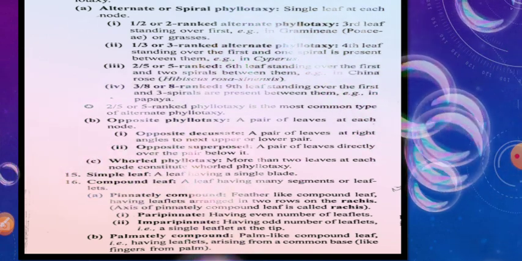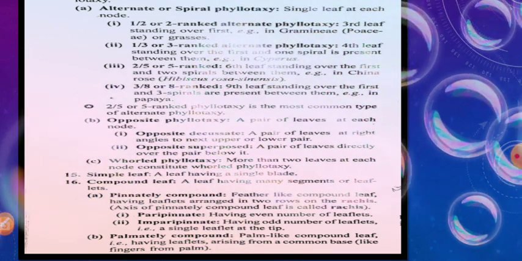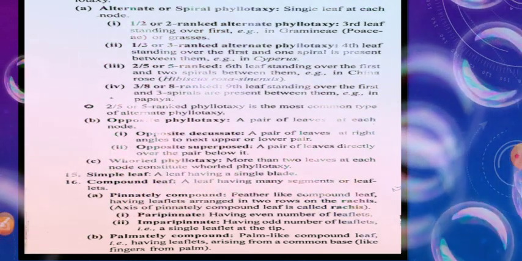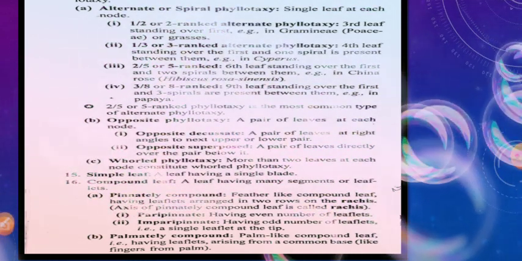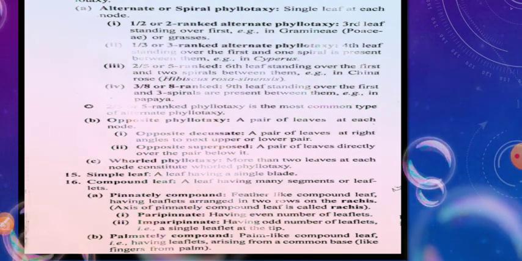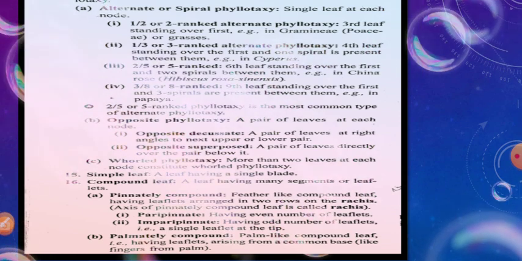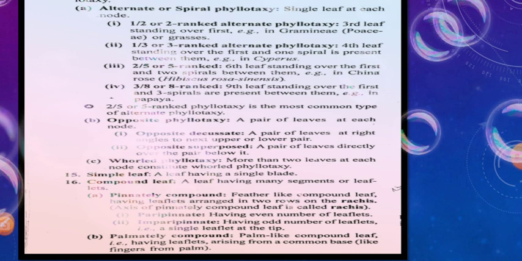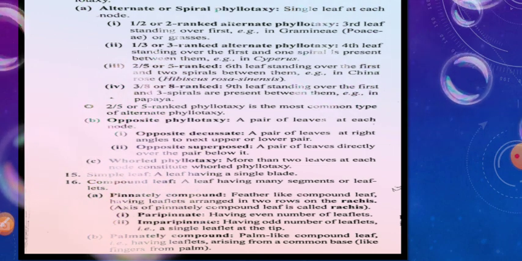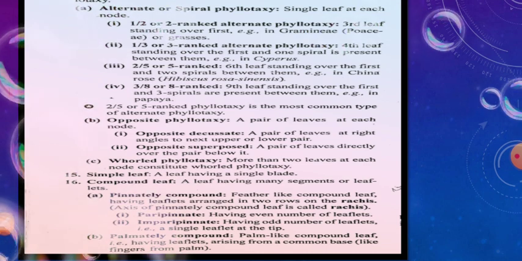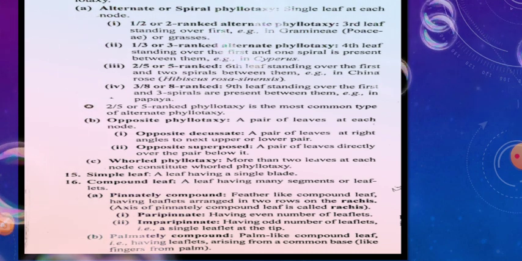The axis of the pinnately compound leaf is known as the rachis, and it may be paripinnate or imparipinnate. Paripinnate means having an even number of leaflets, and imparipinnate means having an odd number of leaflets, with a single leaflet at the tip. A palm-like compound leaf is known as palmately compound.